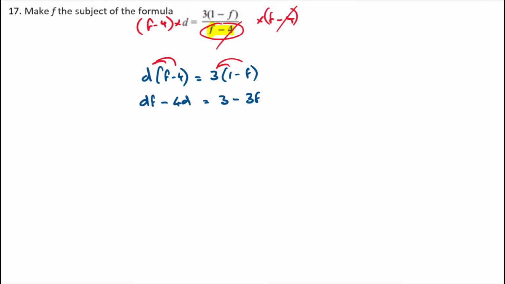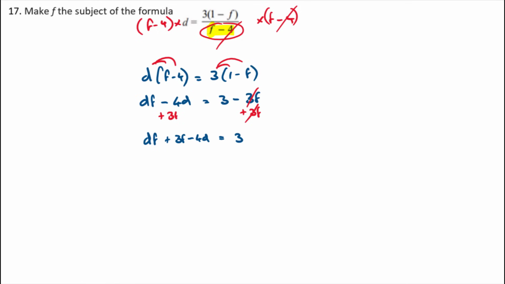Okay? So I've got F's on both sides. We're going to have to get all the F's on one side. So I'm going to add 3F to this side and to this side. Okay, so it gets rid of it there. And that's going to give me DF plus 3F minus 4D is equal to 3.